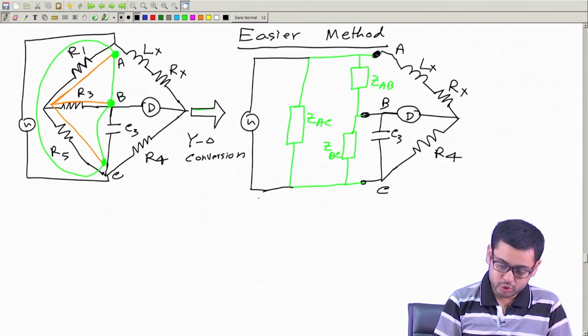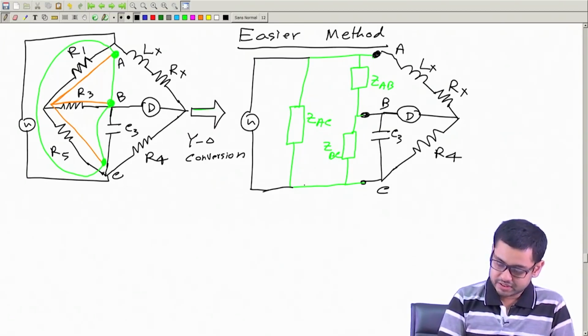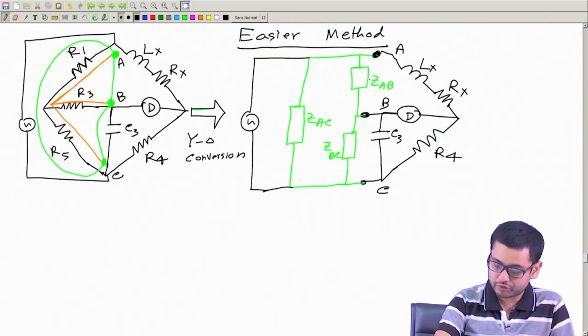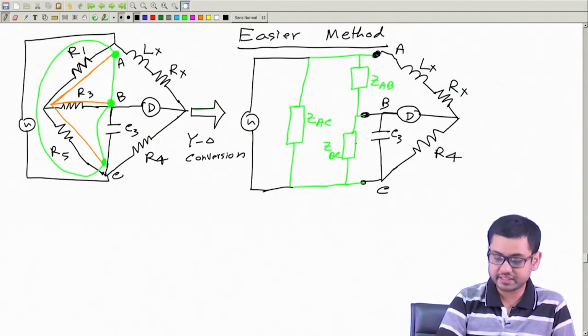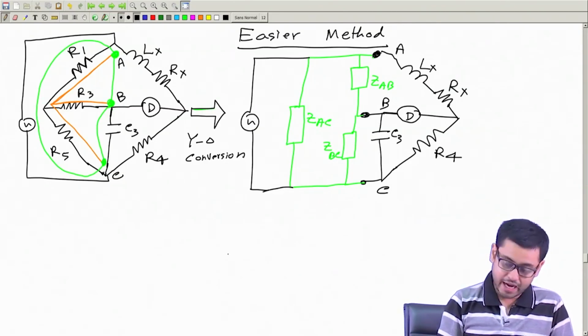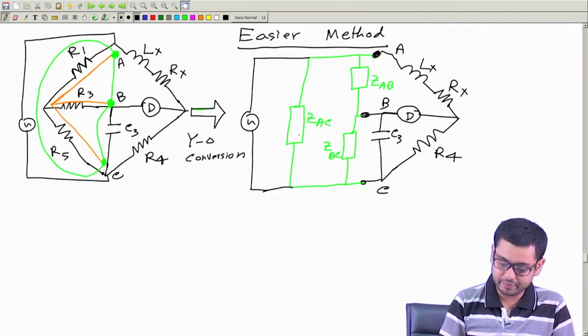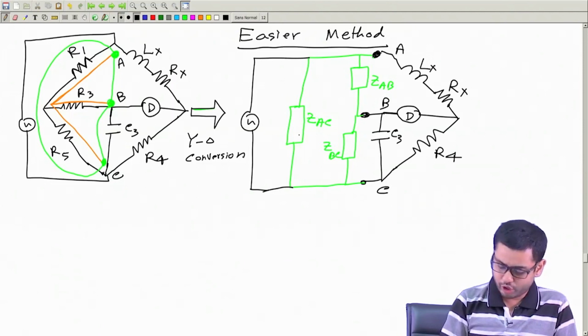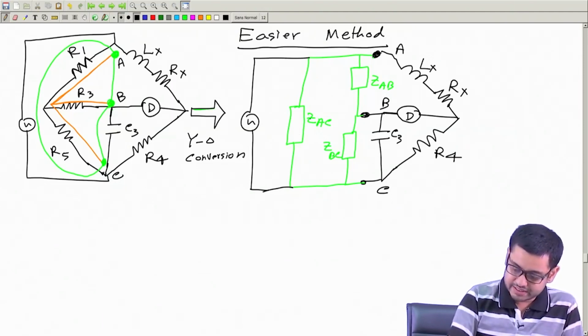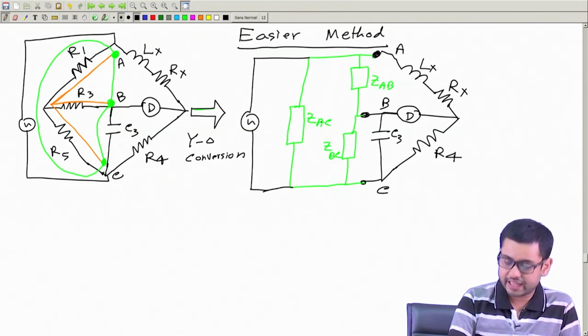Now, can we find the values of ZAB, ZBC, ZCA? Yes, that is simply the star to delta conversion. Once we find these, you observe that ZAC has no role.